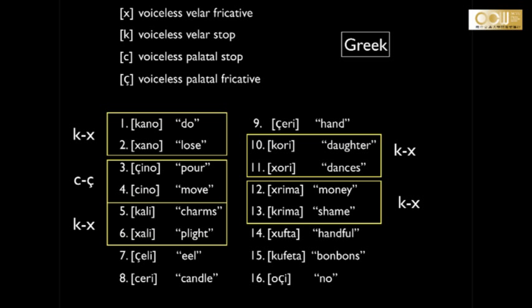But how about K and K? Are these two contrastive or are these two contrastive? Can you find evidence that this pair and this pair are actually contrastive phonemes? Can you, based on this data?